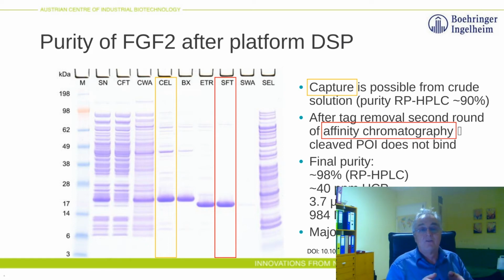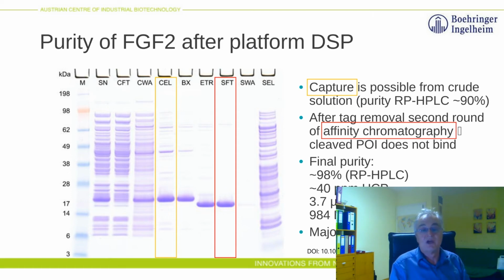And after elution, you see the cleavage. Then after the cleavage, you see the subtractive affinity chromatography, and you see a pretty pure protein.